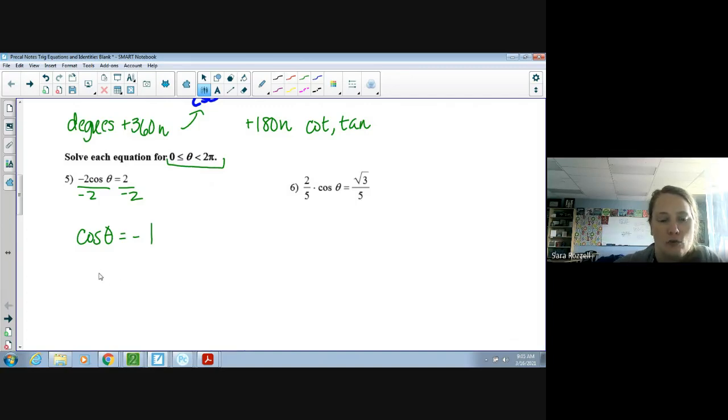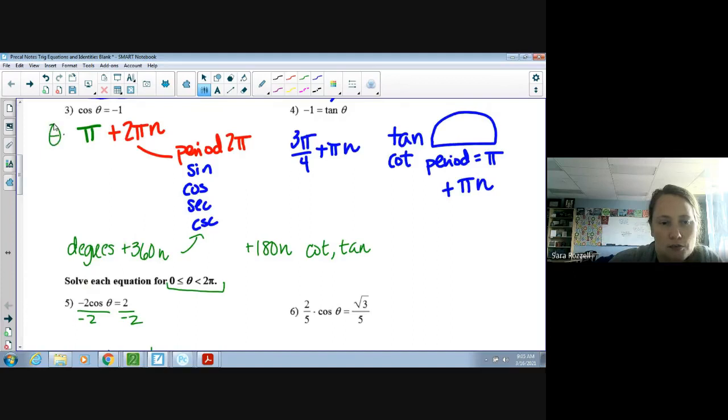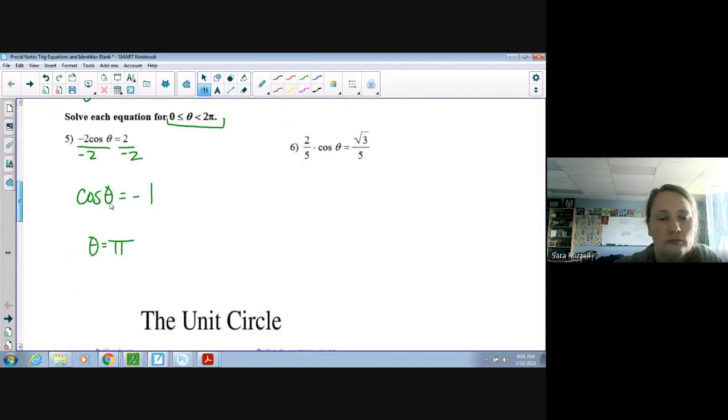Cosine is -1 at pi. So theta is equal to pi. I haven't been putting theta equals in these other ones. I probably need to, because that's what we're finding. Okay, go back down so you can see it. So we looked at our unit circle, because we just did that one. I didn't realize I had the same one on there.